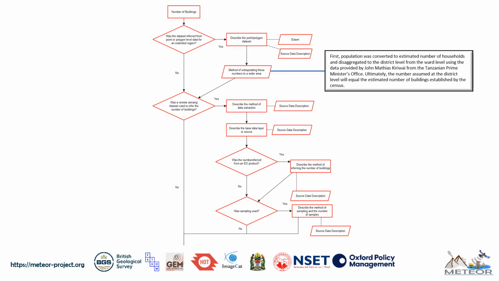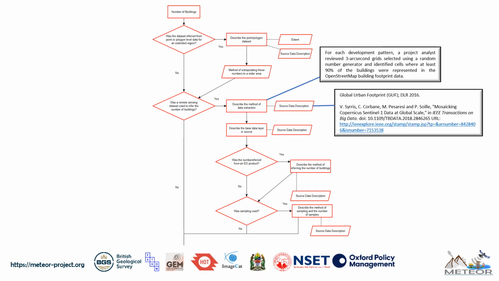Population was converted to estimated number of households and disaggregated to the district level from the ward level using the data provided by the Tanzanian Prime Minister's office. Ultimately, the number assumed at the district level will equal the estimated number of buildings established by the census. However, many data sources are used to estimate the number of buildings at any given cell.